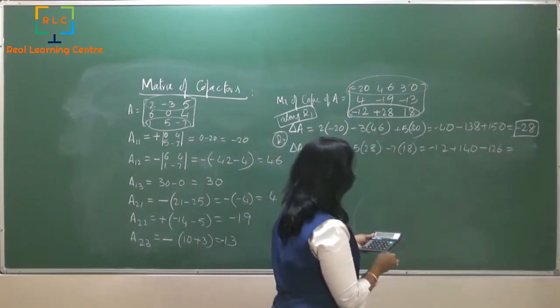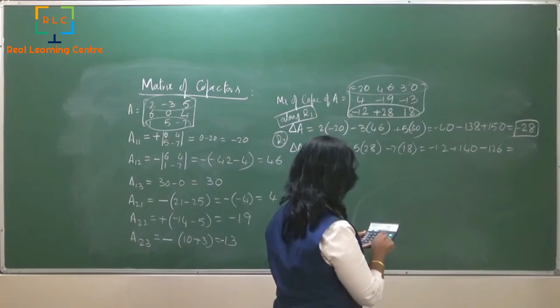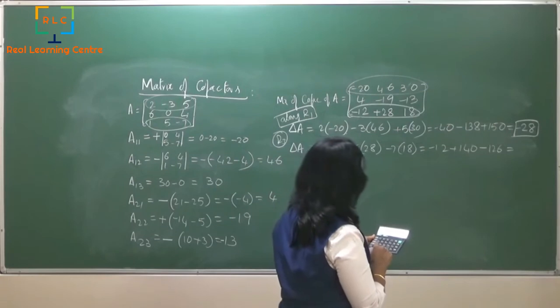How much is this equal to? This will be 126 plus 12 is equal to 138 minus 140 which is equal to minus 2.